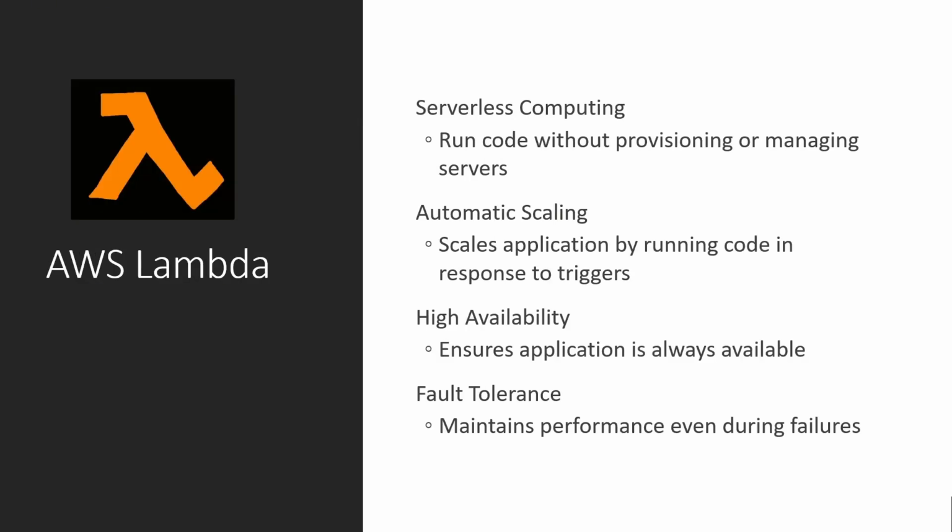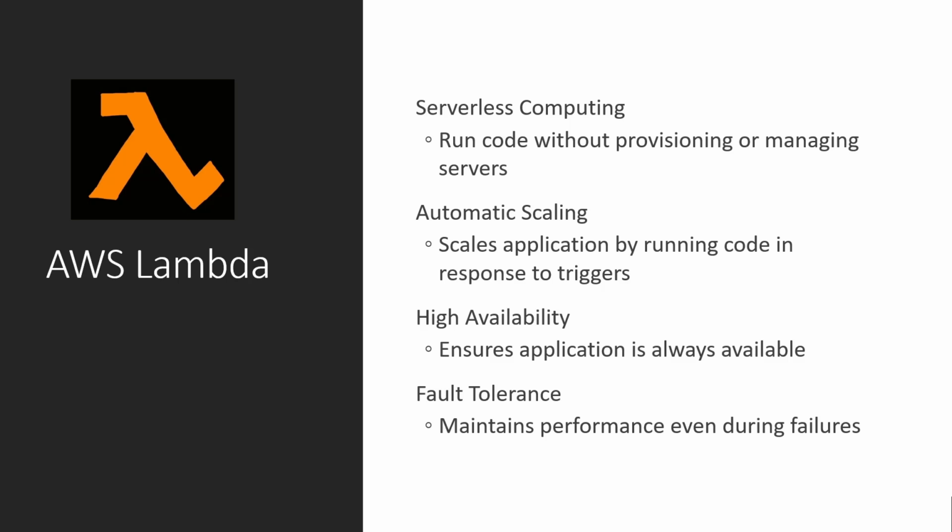But if you are very interested in the serverless side of things, AWS Lambda gives you that ability because it allows you to automatically scale. It gives you high availability and fault tolerance, allowing you to run your code efficiently without worrying about provisioning or managing servers.